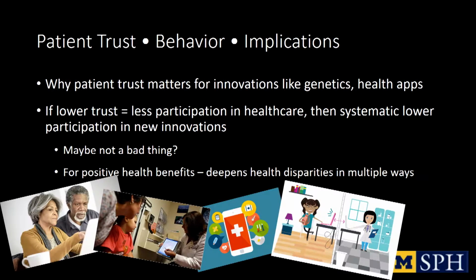And so to the extent that there are real benefits to these interventions and precision medicine, new tools that can help improve health, identify health problems before they become problematic, this is a problem because systematic groups of patients may not be participating and therefore are less likely to benefit from these tools, exacerbating health disparities.